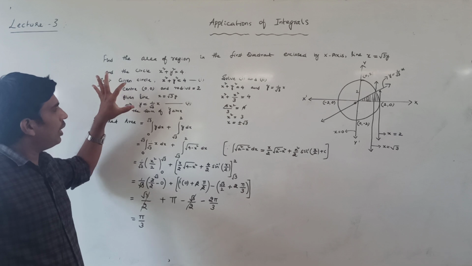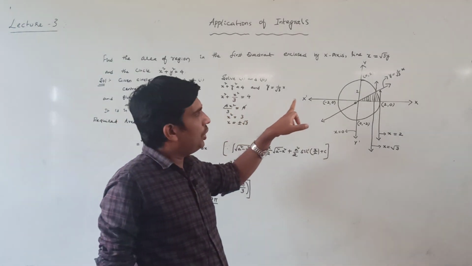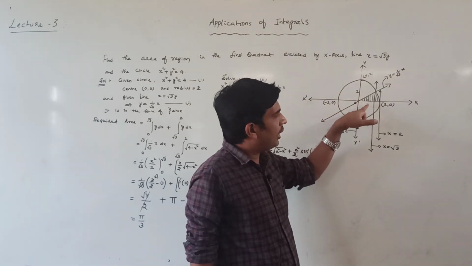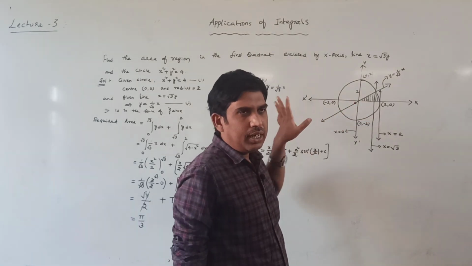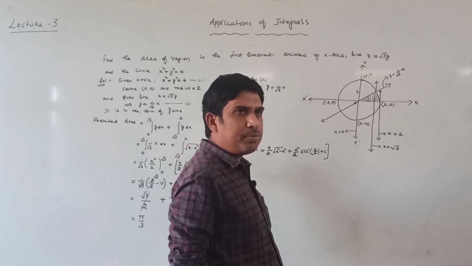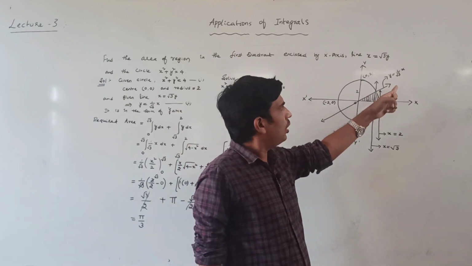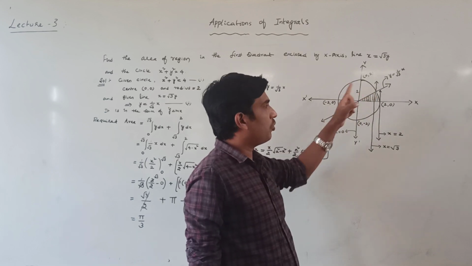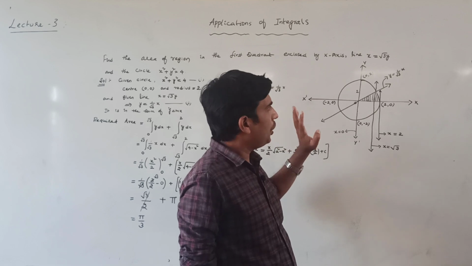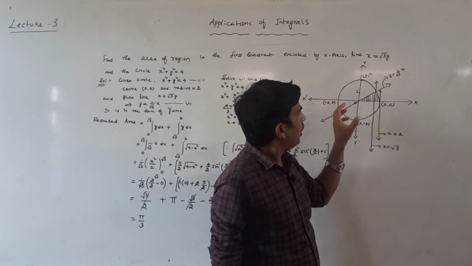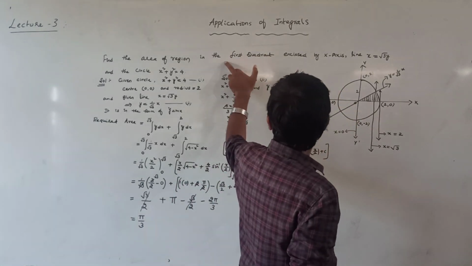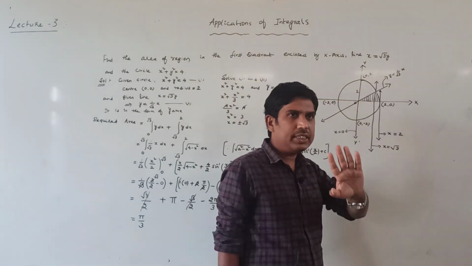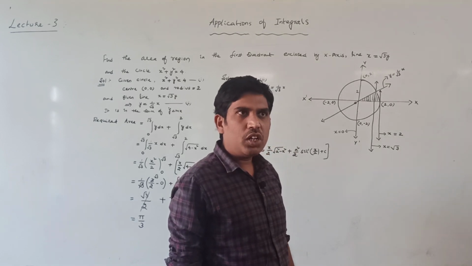If you draw this curve and line, the circle has center at origin and radius 2 units, and the line is a straight line passing through the origin, through the first and third quadrants. They gave the area in the first quadrant, so forget the second, third and fourth quadrants; only observe the first quadrant.